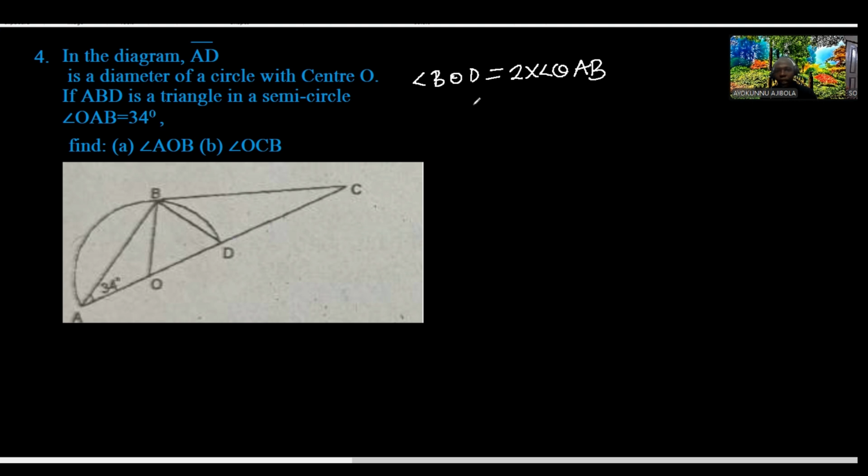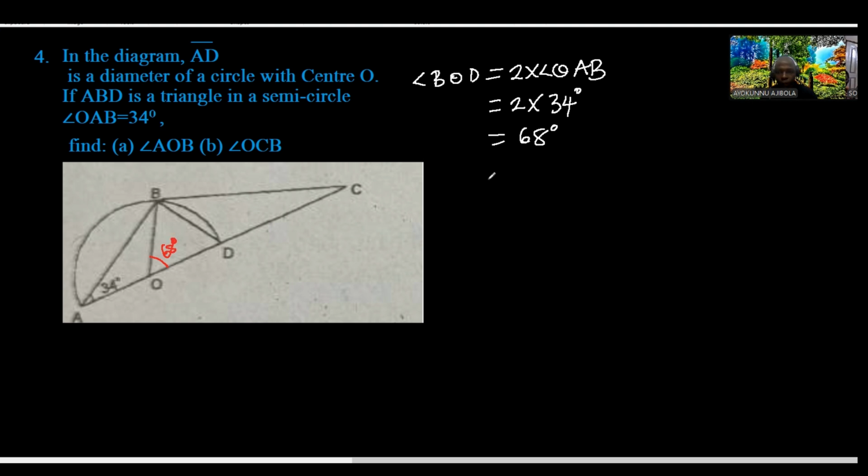So if that is certain, then BOD, which is the opposite side of where we're looking for, will be 2 times 34, which is 68 degrees. So we can fix 68 degrees here.